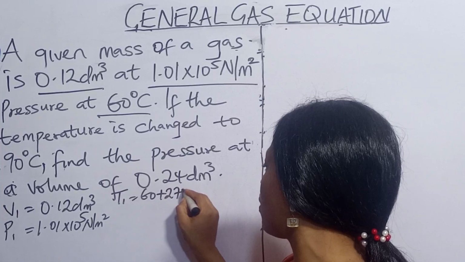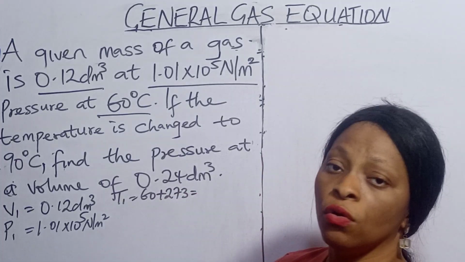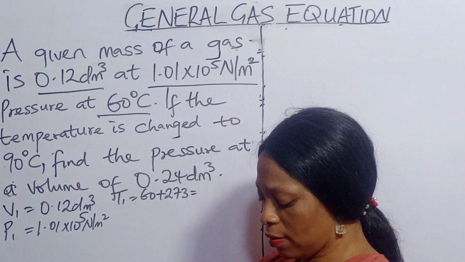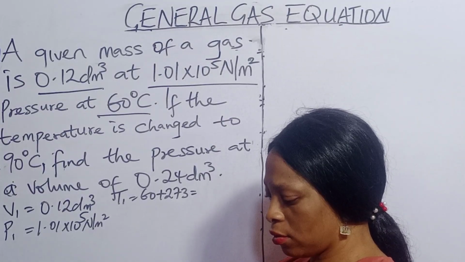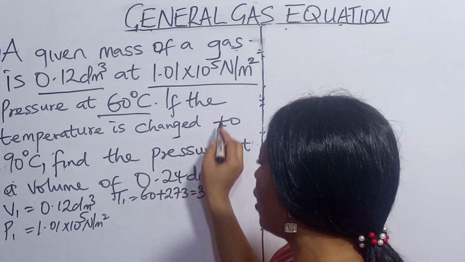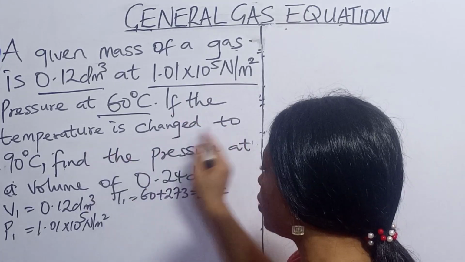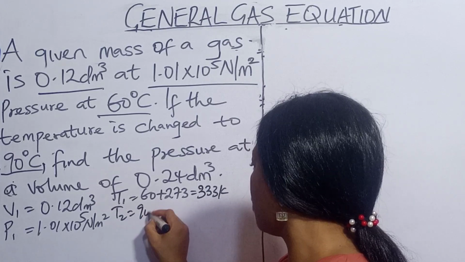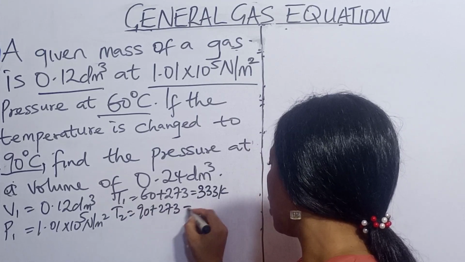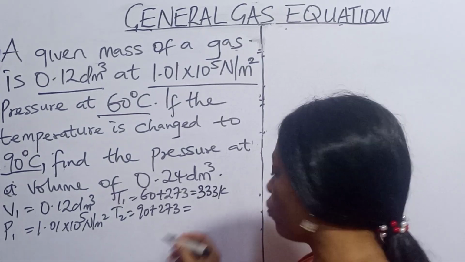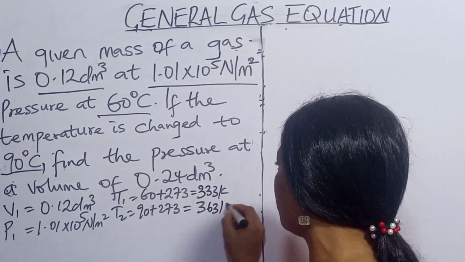You are going to add 273 to convert it to Kelvin. 60 plus 273 will give us 333 Kelvin. Then if the temperature is changed to 90 degrees, T2 is 90 plus 273, and that will give us 363 Kelvin.